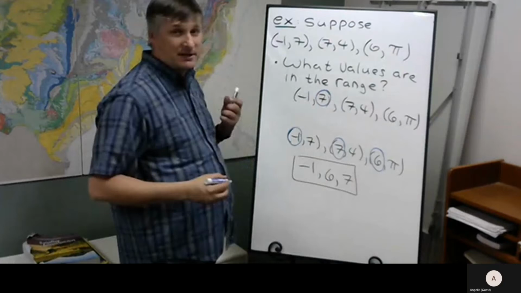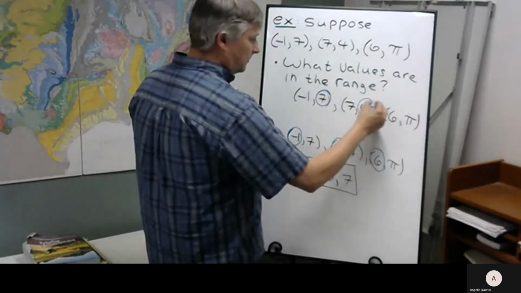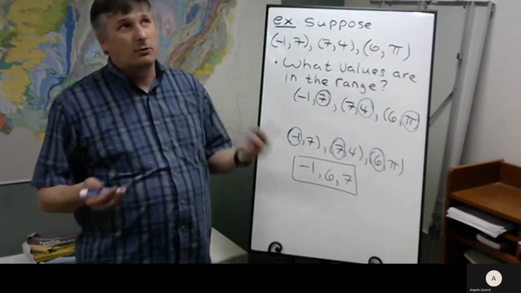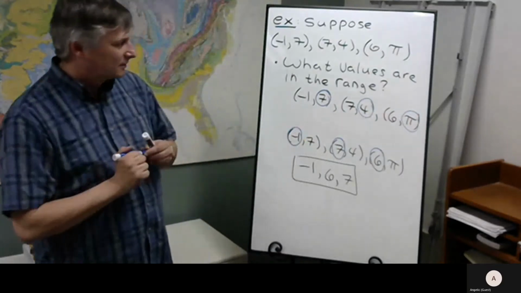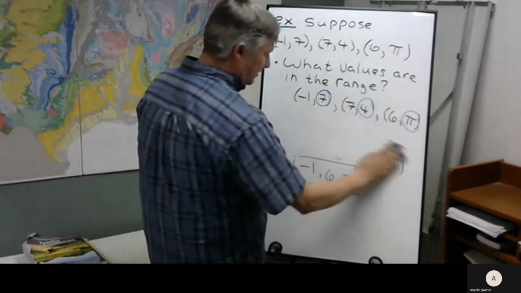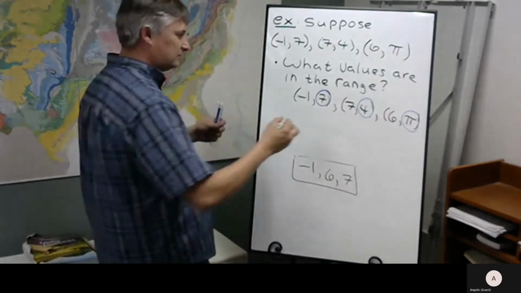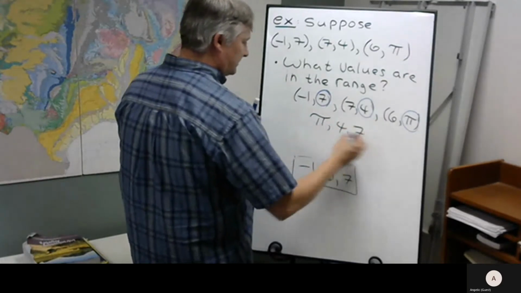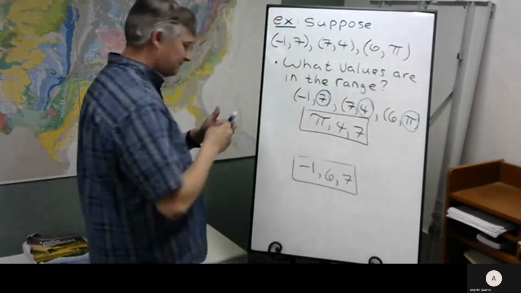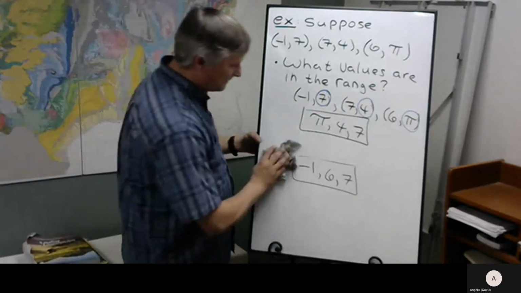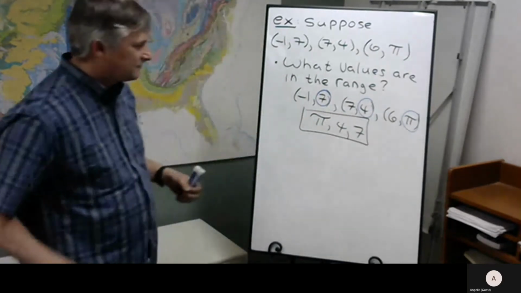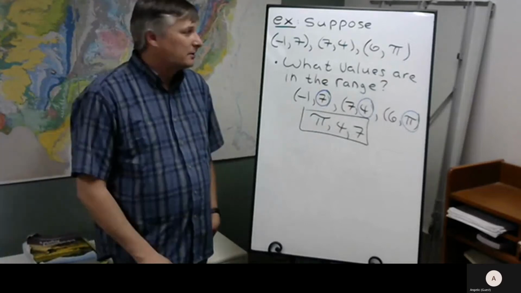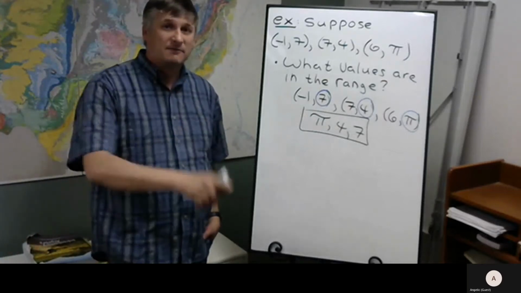So there's a 7 that happens to be an output. There's a 4, and then this is the symbol for pi, or 3.14159, and so on. You've seen this before. So the answers here will be pi, 4, and 7. And so if we're looking at ordered pairs, that's how we figure out values in the domain and values in the range.